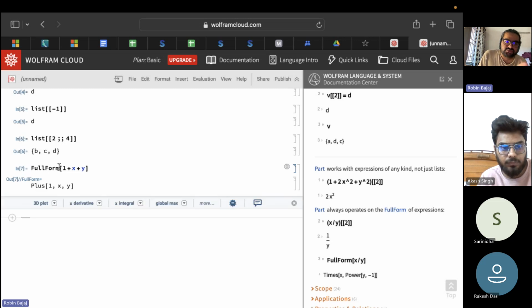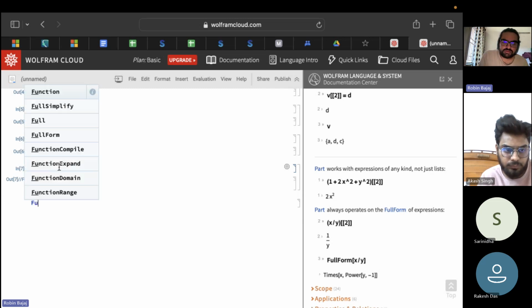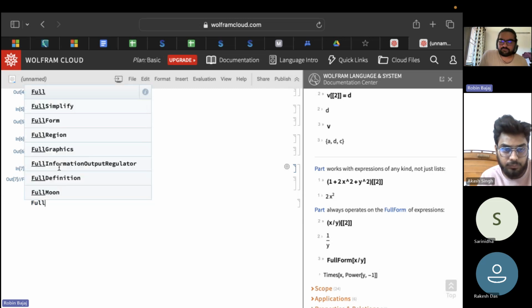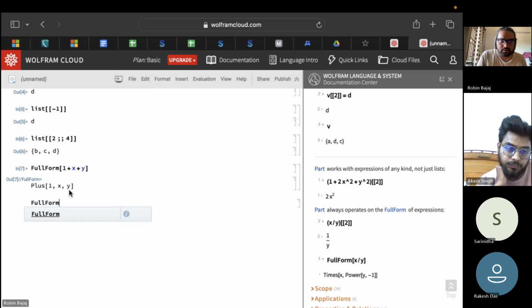Plus is a function with 1, x, y. Let's try something different. For example, FullForm of a multiplication function, x times y times z.